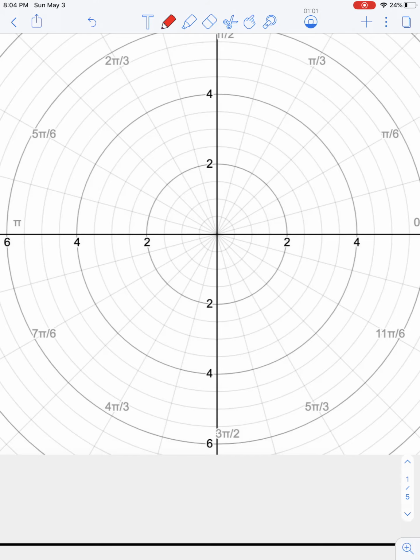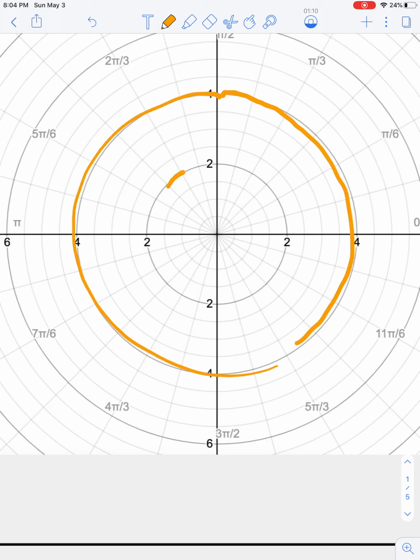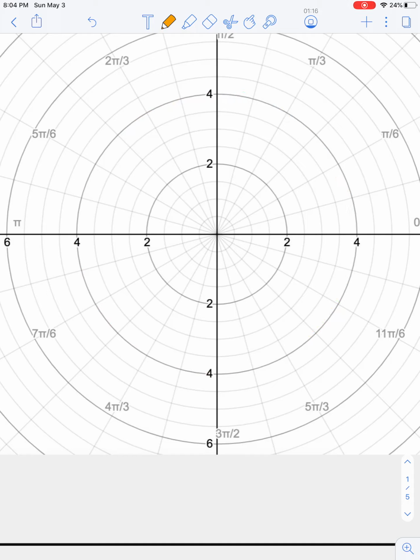Just unpacking this a little bit, we have a circle out here of radius 4. We have a circle inside of that of radius 2, okay? This might look familiar in setup because of these lines coming out from the center and cutting across all of those concentric circles.